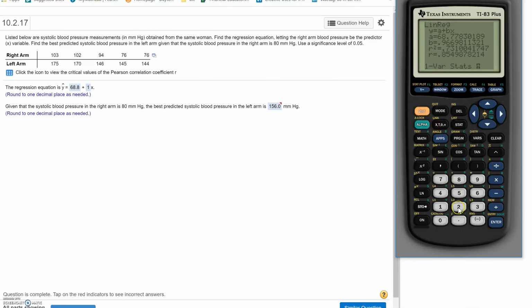So I press second and 2, enter, and we see the mean, x bar, is 156. So the systolic blood pressure in the left arm is 156.